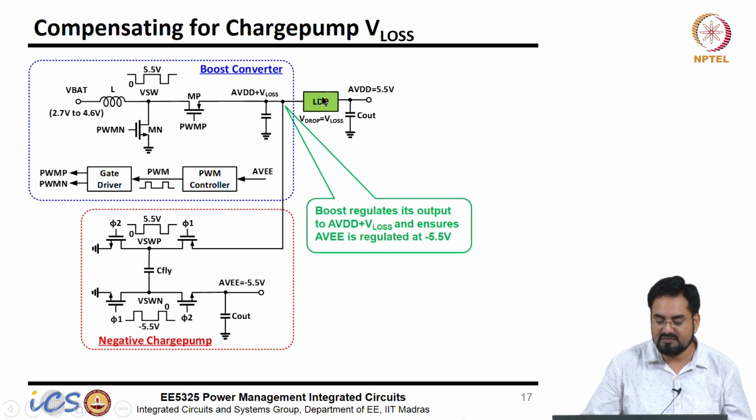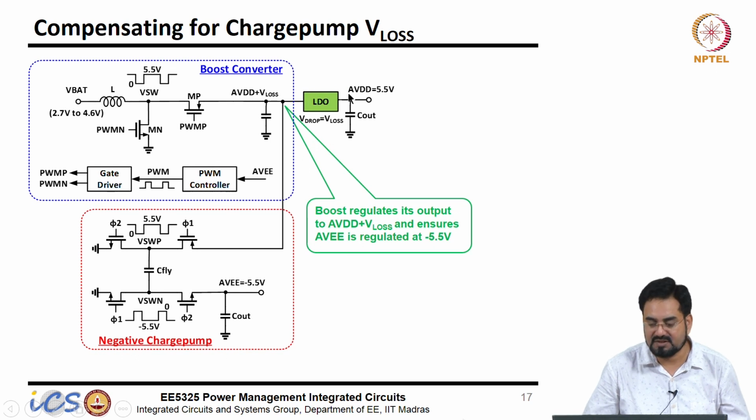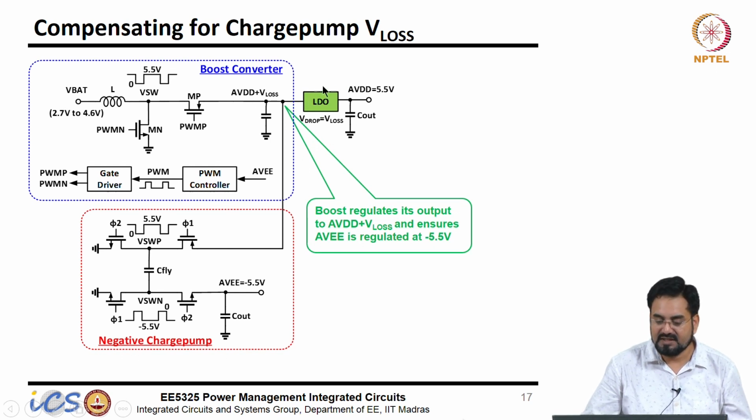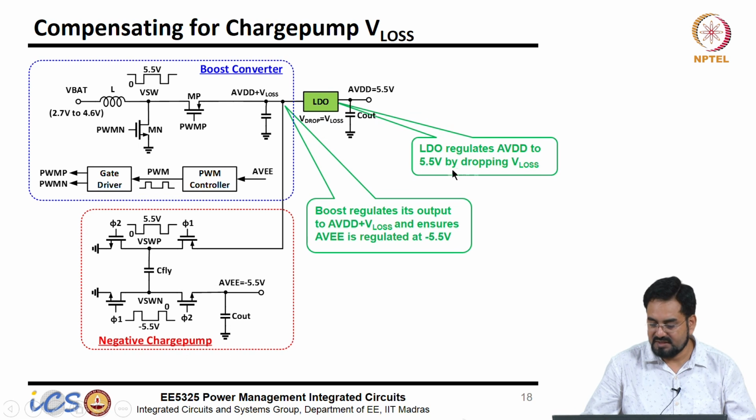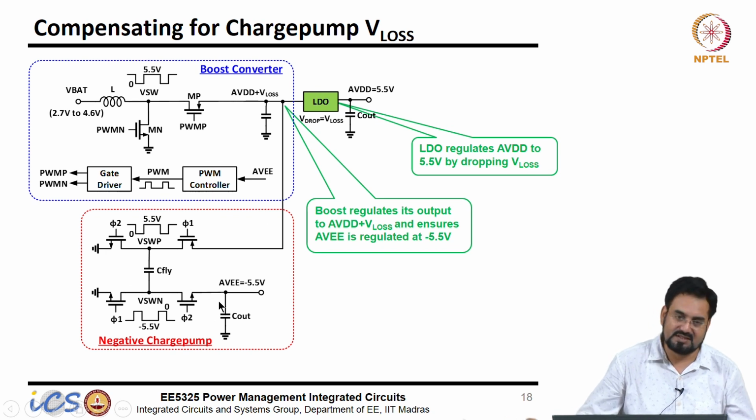This LDO will take an input from here, which is obviously more than 5.5 volt, and the extra voltage will be dropped across it. The feedback to this LDO will be coming directly from AVDD, so this will be locally regulated by the LDO at 5.5 volt. So this LDO regulates at VDD by dropping V loss voltage. Everything will be taken care of by your control loop. You don't need to know how much loss there is.